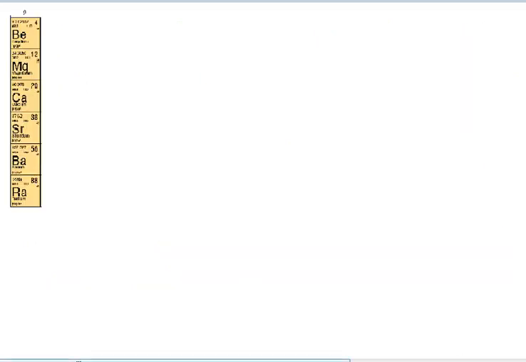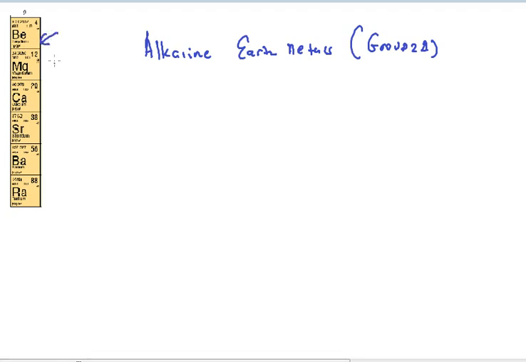Well, the next group is called Group 2A. Group 2A are called alkaline earth metals. Members of the alkaline earth metals are beryllium, magnesium, calcium, strontium, barium, and radium.